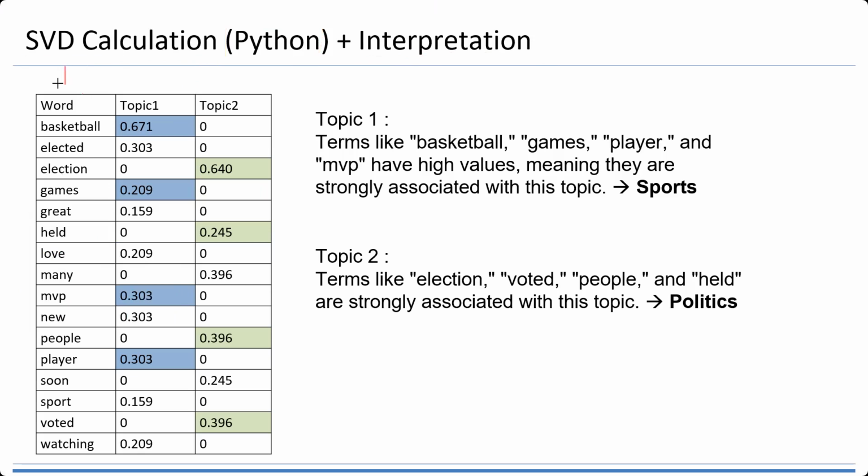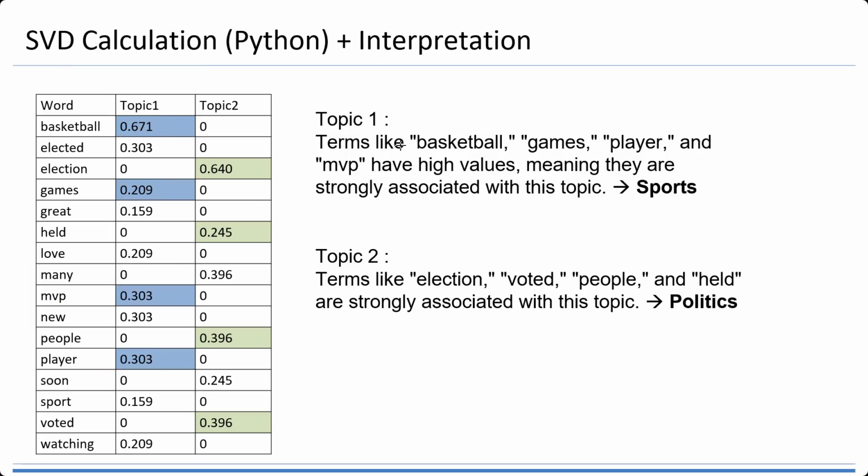We have the term, and we have the topic. So we can distinguish two topics, for example topic 1 and topic 2. For topic 1, if you look at the numbers, the high numbers are likely related to sports.